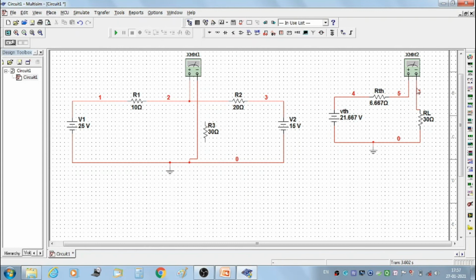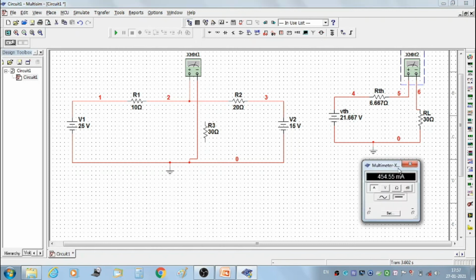Our RL value is also the same. Then measure the current IR3, or load current value, by running the simulation. We get the second set of load current value as 590.912 milliampere.